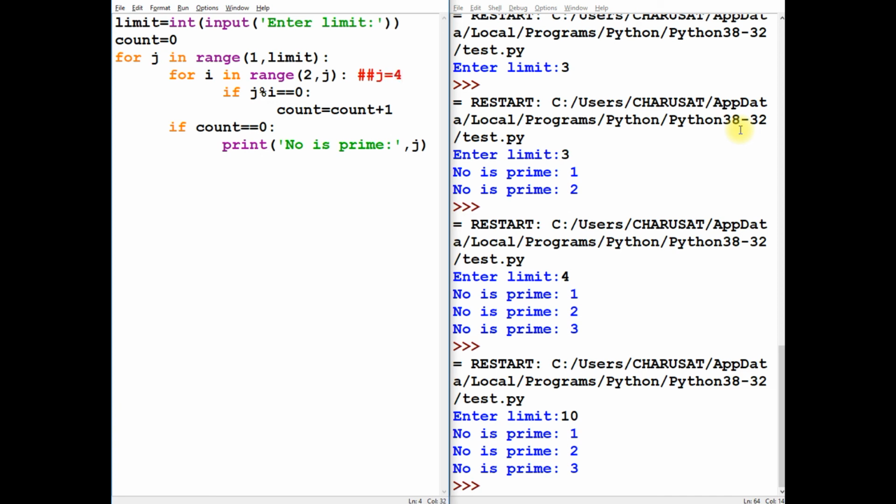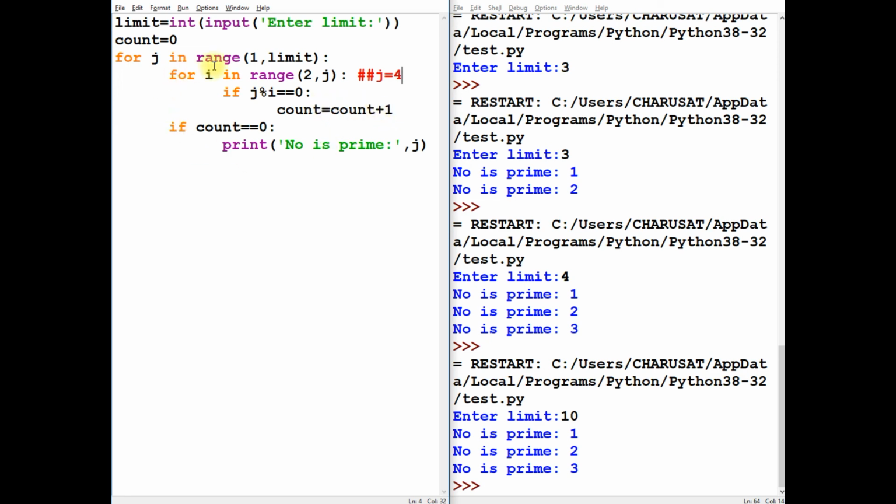When J is 4 and I is 2, 4 divided by 2 equals 0, correct? It will go inside, count equals count plus 1, so my value of count now is 1. Because when J was 4 there was no remainder, J is not a prime number, and that's why I have updated the count value.